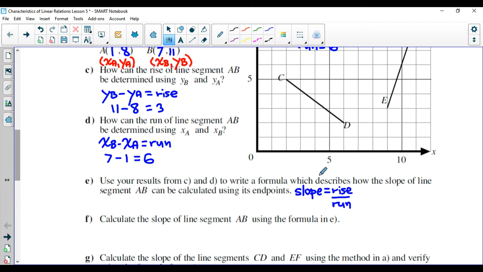But another way to calculate the slope is to ask what the rise is equal to in terms of the endpoints. The rise would be YB subtract YA. And what's the run equal to? Well, the run would just be XB minus XA.